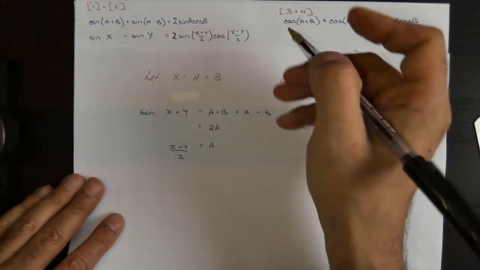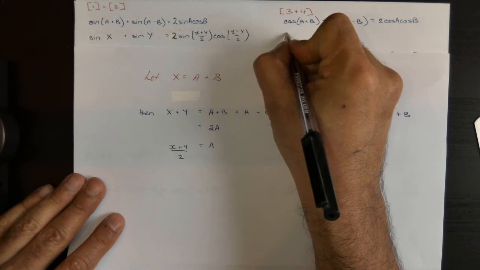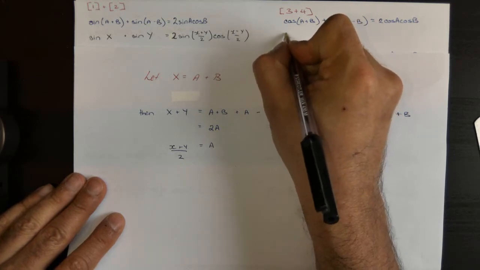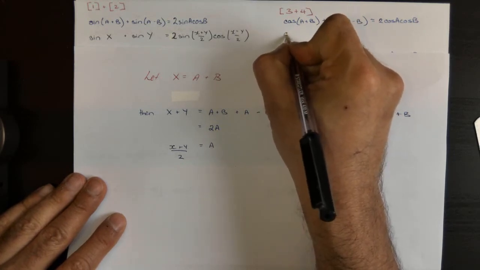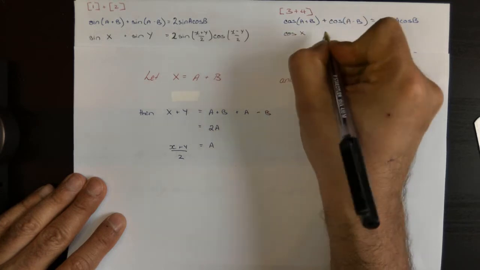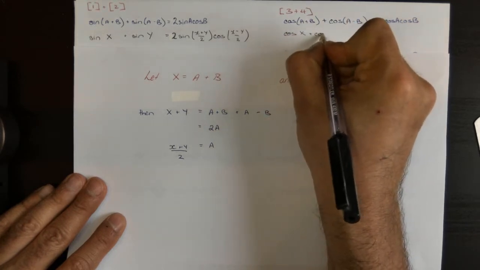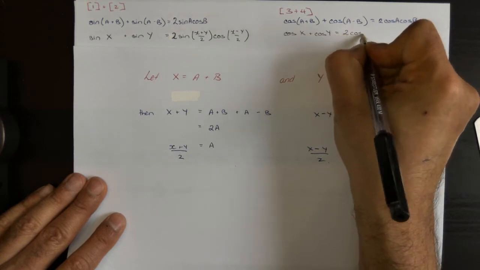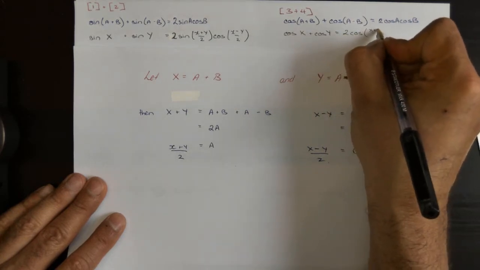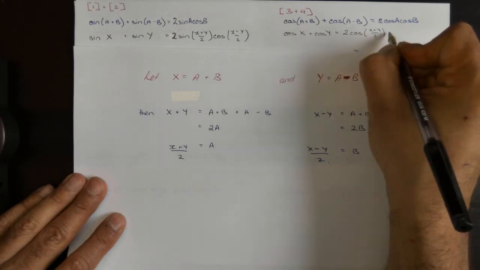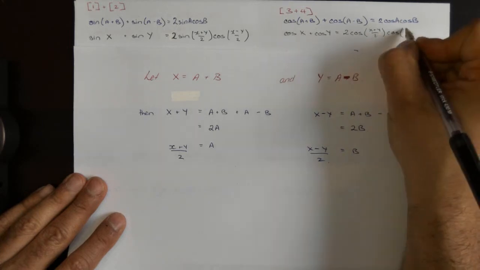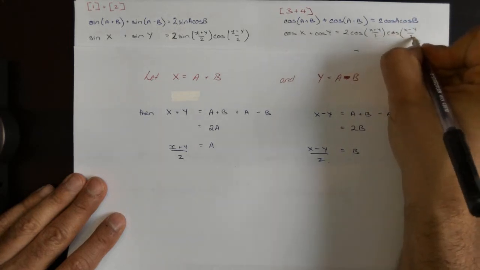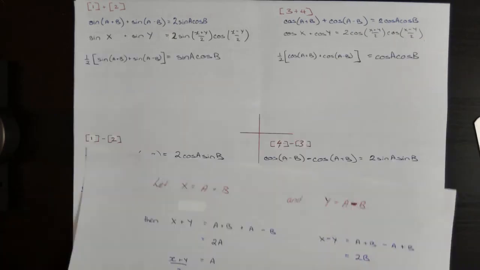The same thing here: cos x plus cos y equals 2 lots of cos x plus y over 2 times cos x minus y over 2.